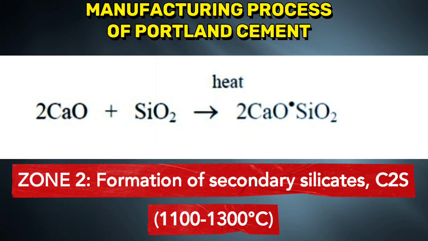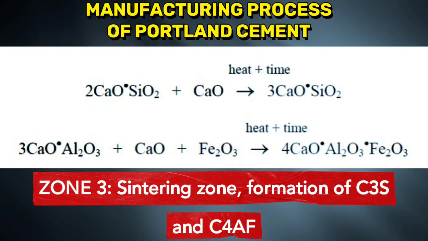C2S is being formed in zone 2, and in zone 3, the C2S reacts with lime again to form C3S. And in the same zone 3, C3A reacts with lime and also with the iron oxide to form C4AF, the tetracalcium aluminoferrate.